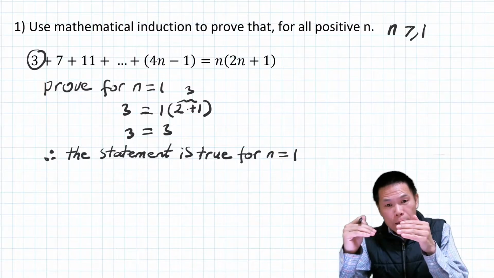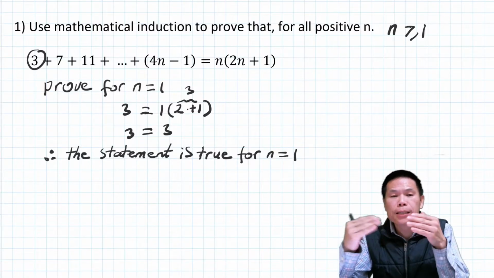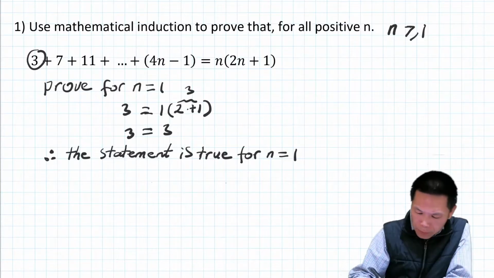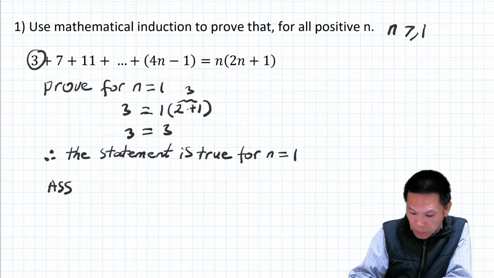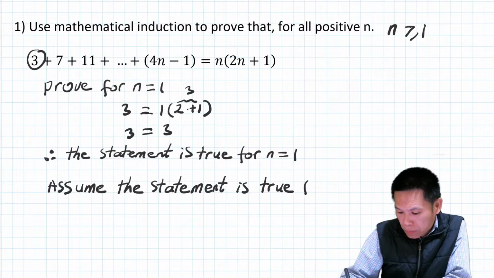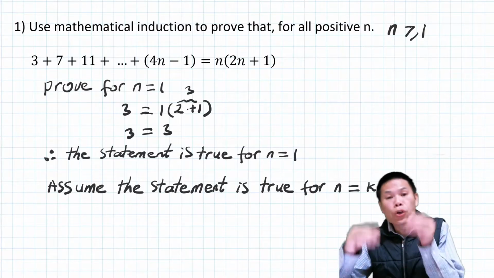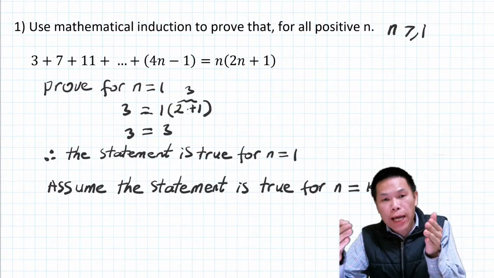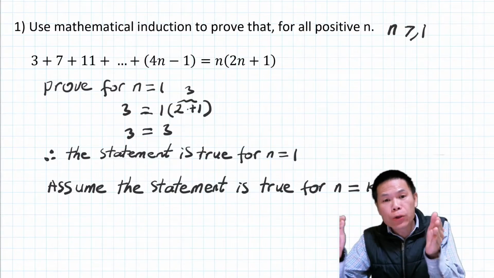The second step is we assume that the statement is true for n equal k. This means that we need to replace n with k, because n is equal to k.